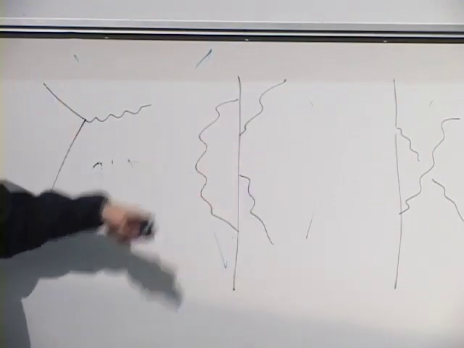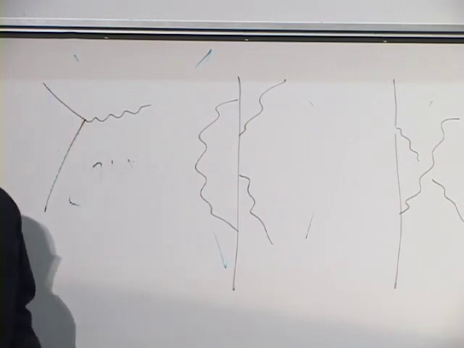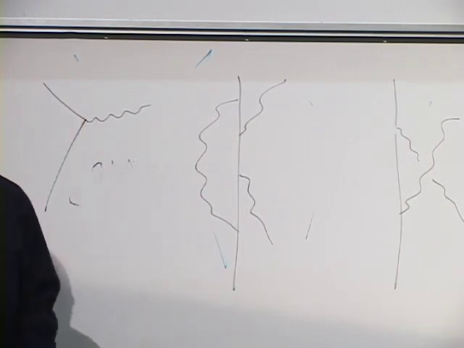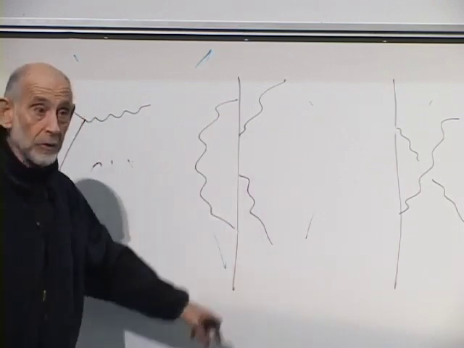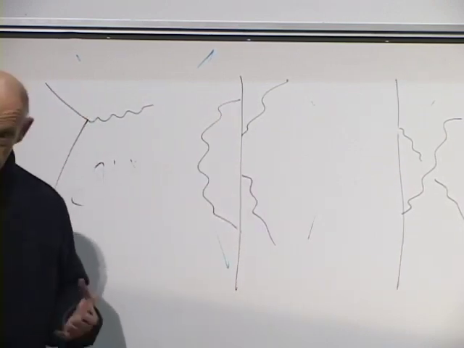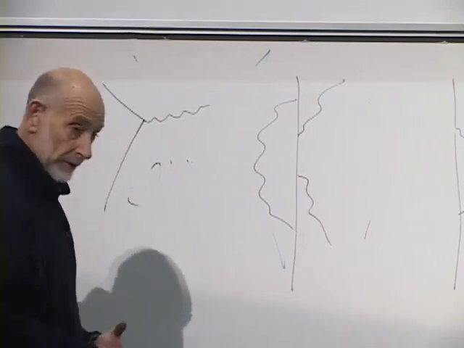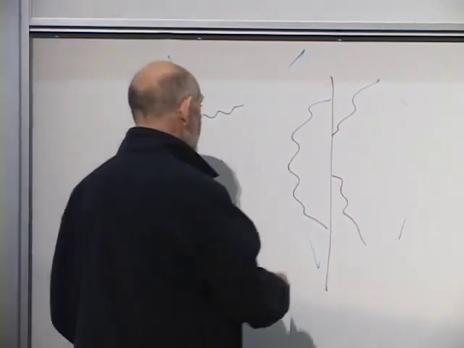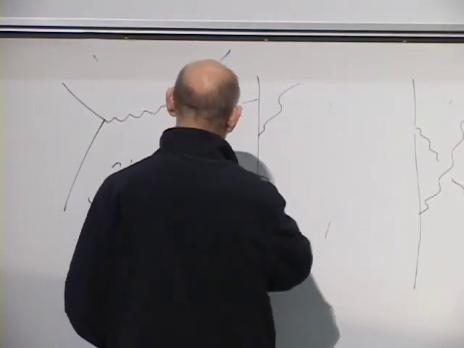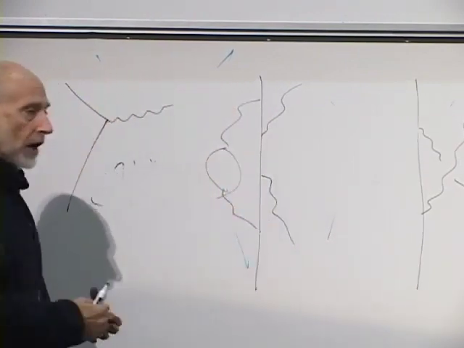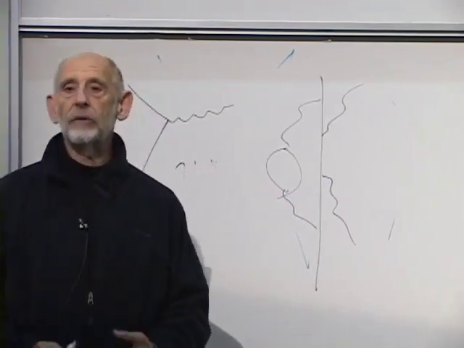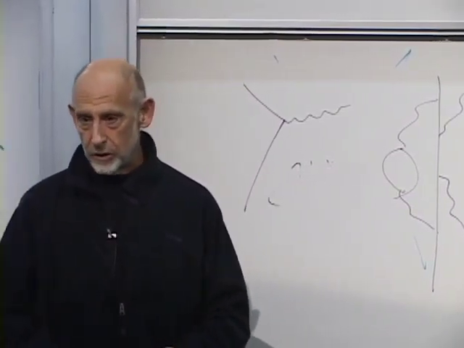Many photons, but how many powers of electric charge does this have? This has 4 powers of electric charge in the amplitude and 8 in the probability. So this is even weaker. But then we can do even more complicated things. We can put an electron-positron pair in here. Each time we complicate it, we add 2 more powers of electric charge.